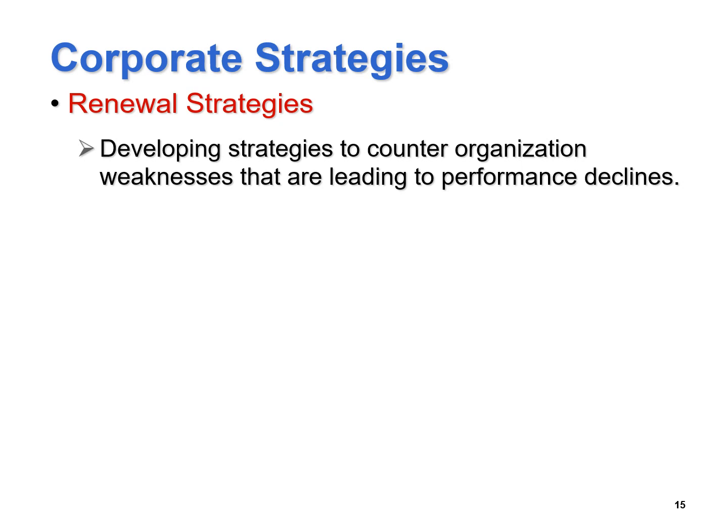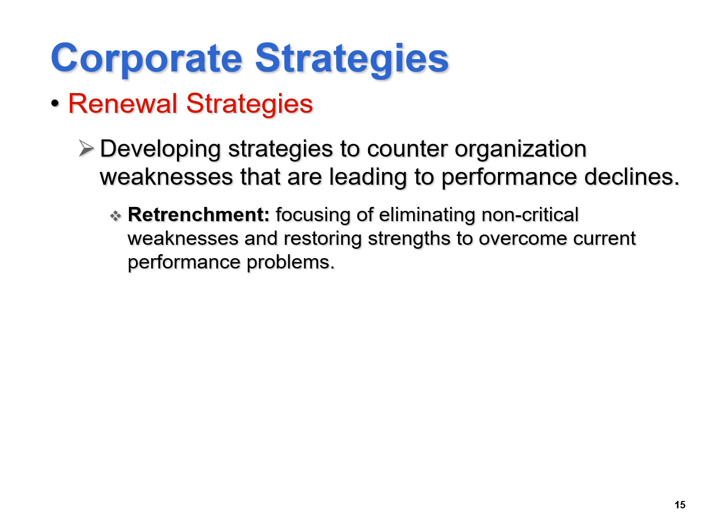Then the third part is the renewal strategies, developing strategies to counter organizational weaknesses that are leading to performance decline. Here we have the example of retrenchment first, focused on eliminating non-critical weaknesses and restoring strength to overcome the current performance problem.